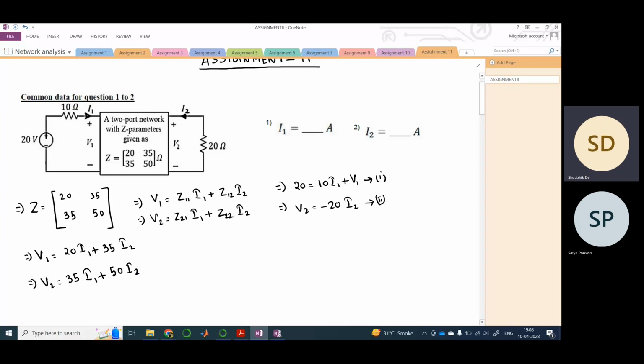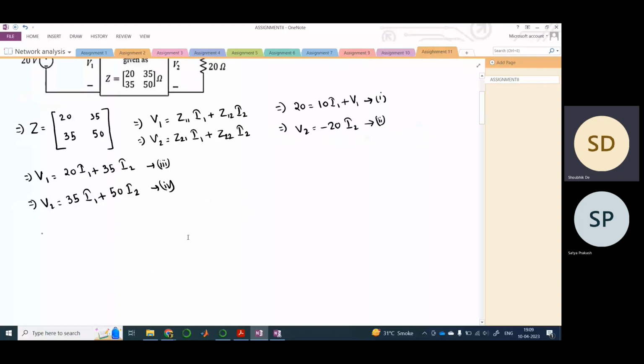Now we need to find the value of I1 and I2. What we will do is substitute the values of V1 and V2 in equations 1 and 2. Let us call these equation 3 and equation 4.